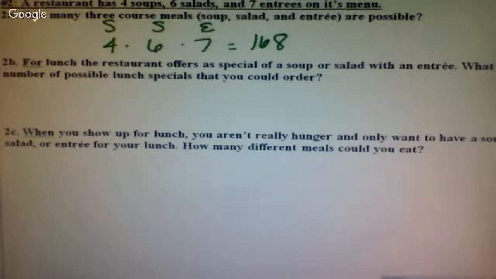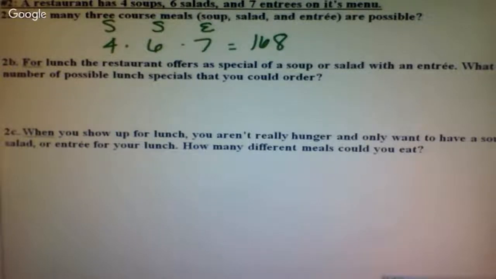For lunch, they're now going to offer a special where you get a soup or a salad with an entree. What is the number of possible lunch specials you could order? I got 70. Would it be 4 plus 6 and then times 7? Yes, it's going to be 70.